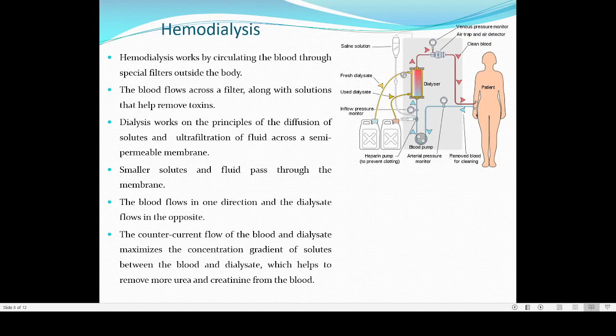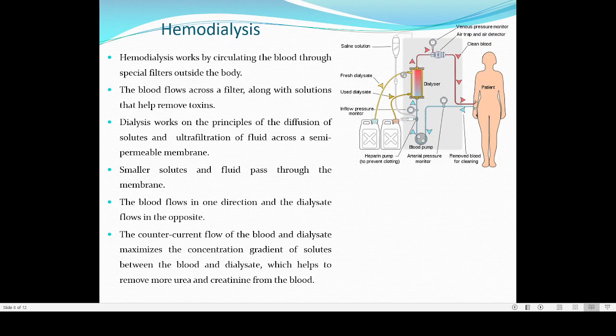What is important is that the blood will always flow in one direction, and the dialysate flows in the opposite direction. Here you can see the blood moving in this direction, while the dialysate flows in the other direction.